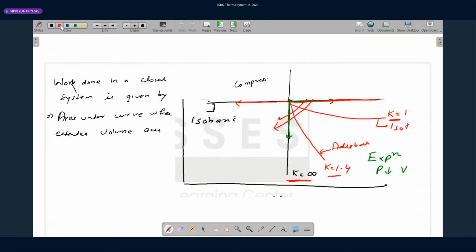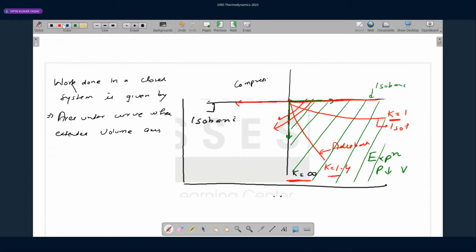constant pressure curve? So all this area, you see, let me draw it by green line. So this is your constant pressure, right? This is your isobaric. So what is the area? All this area is coming under isobaric curve.